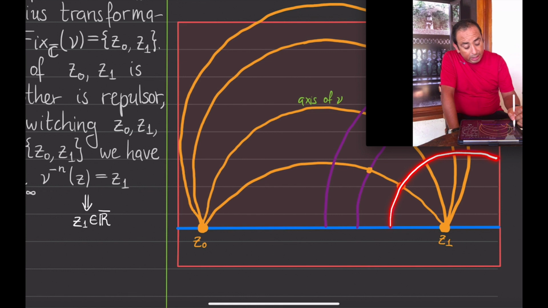When I apply nu, the image is again in another Apollonius circle, right? So having said that the image of this point is this one, the image of this one has to be the Apollonius circle that passes through this one, which is this other shortest curve.